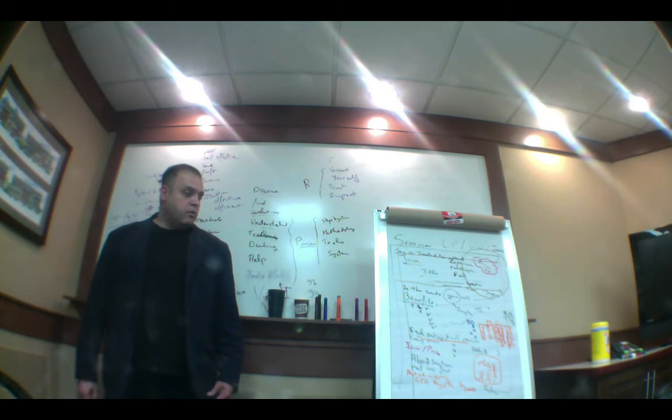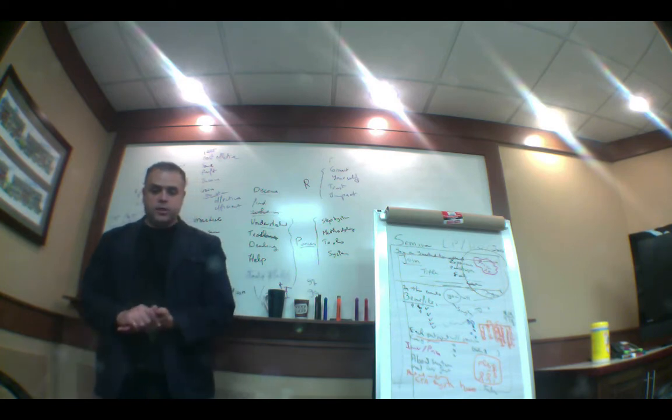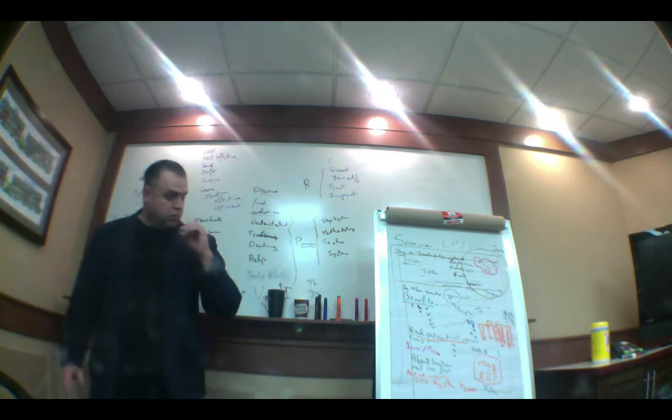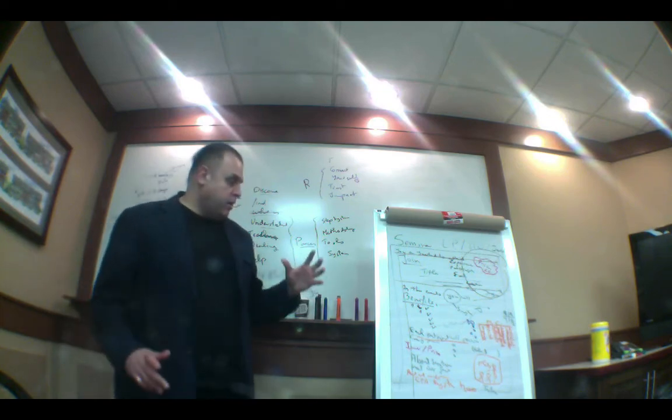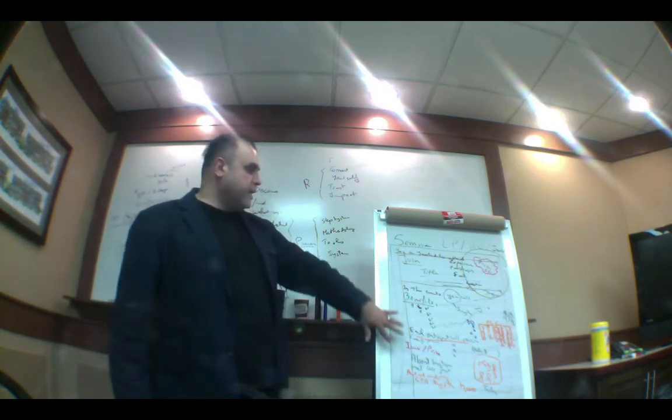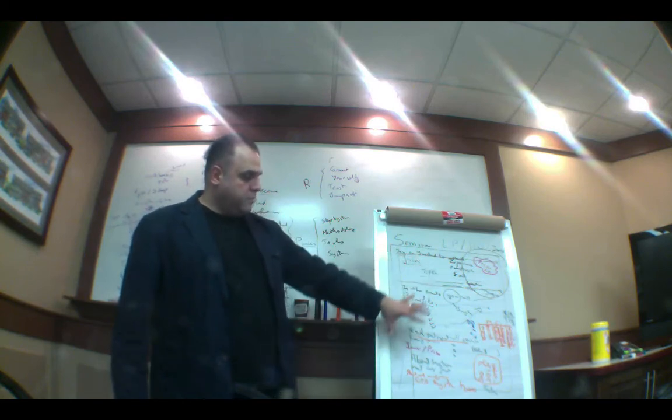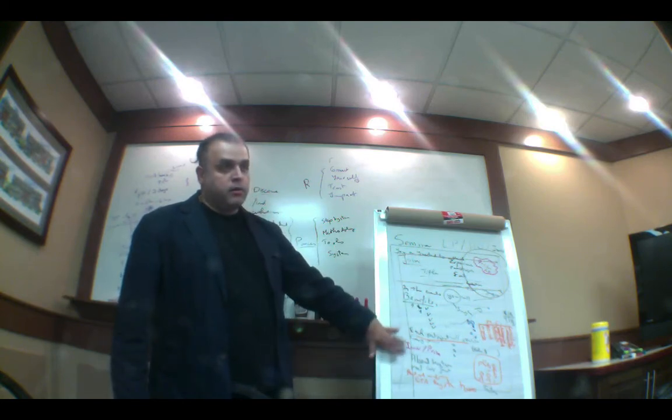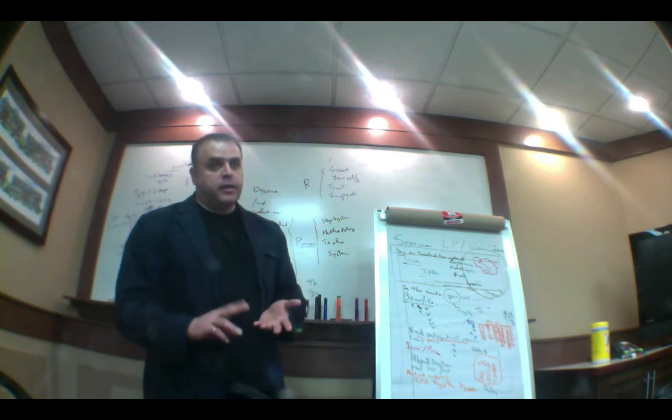Okay, so let's just take the last part of this workshop. What we designed here is a one sheet handout. This handout can be on email, it can be on printed material, whatever.